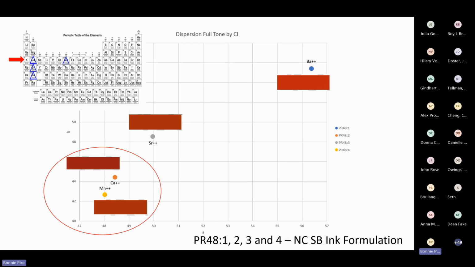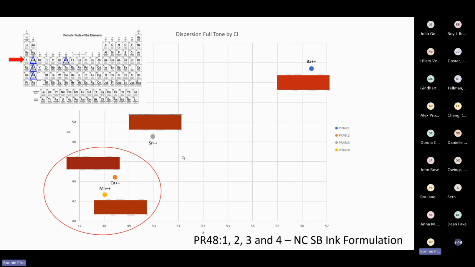The two over here, the calcium and the manganese, the 48.2 and the 48.4, still maintain that more blue positioning, but they're more spread out in this inks formulation than they are in the other two formulations.